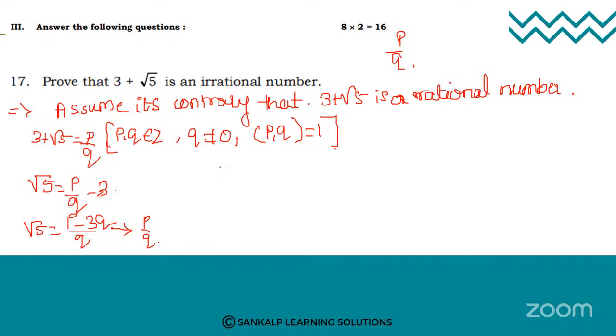Therefore, p minus 3q divided by q is a rational number, right?